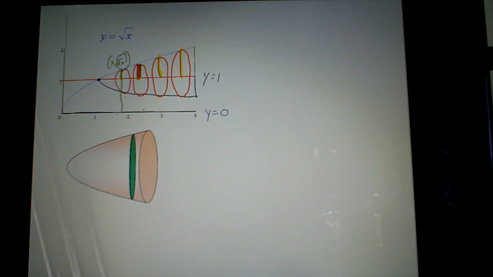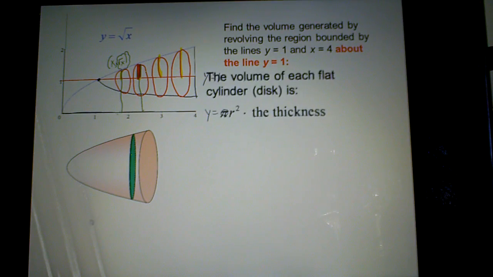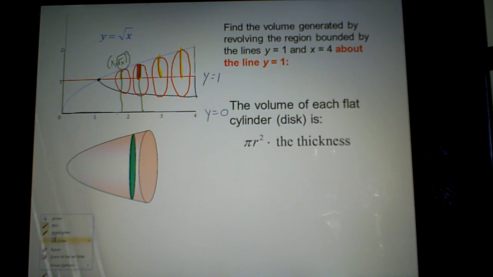And as you notice, each time the green is too long. That's too long. How much is it too long by? That long. That height is constantly 1.